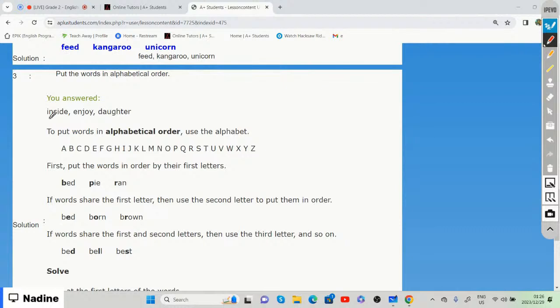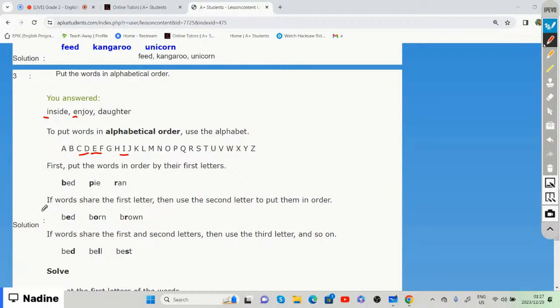So if we look at the word inside, inside starts with an I. So there we have I. Enjoy starts with an E. So there we have E. Daughter starts with a D. So there we have D.